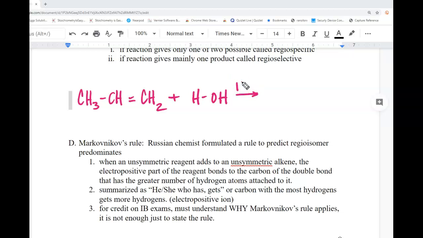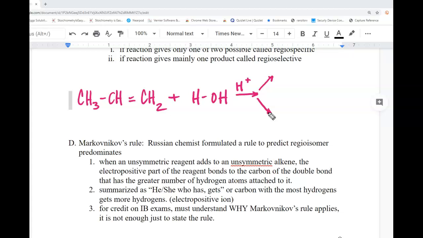And so the water is still going to require an acid catalyst, if you remember. What we're going to need to do is understand what the two possible products might come out to, and then talk about which one is going to be regiospecific.